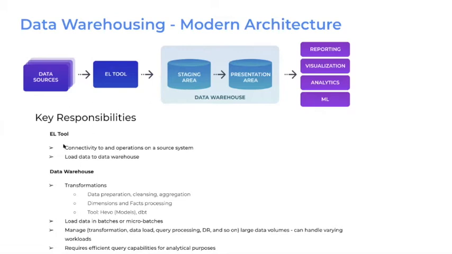So as listed here, the ETL tools in this scenario are largely performing an extract and load operation. They can source data and can load data. Transformations are within the warehouse and will be performed as preparation, cleansing, as well as aggregation. And in some ways, the dimensions and facts, as was the case with ETL, would be derived.